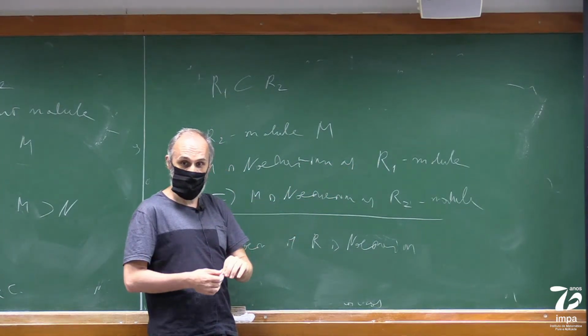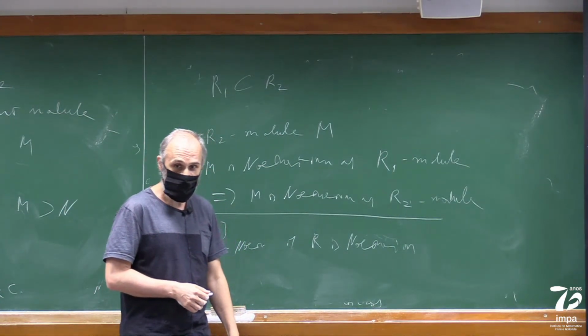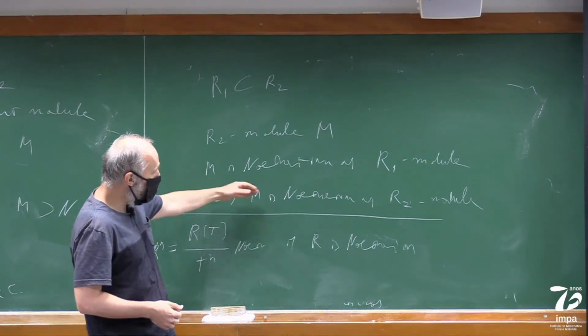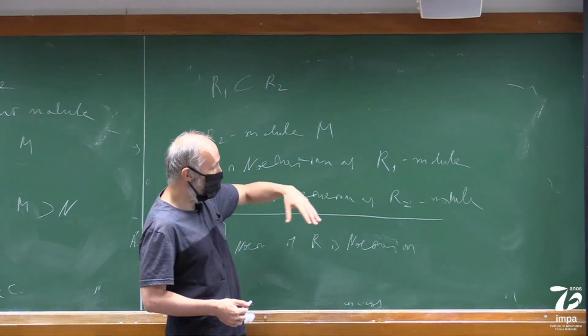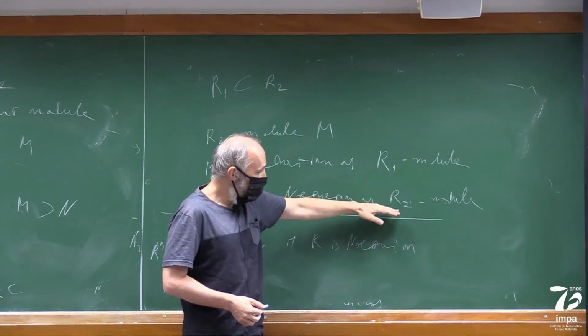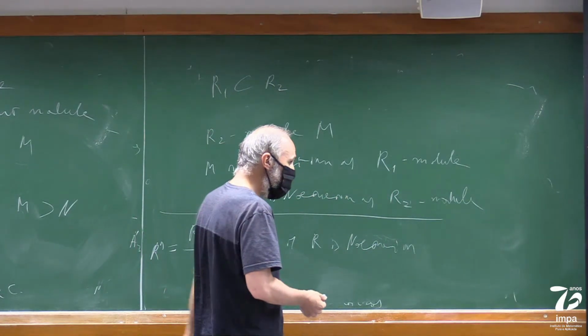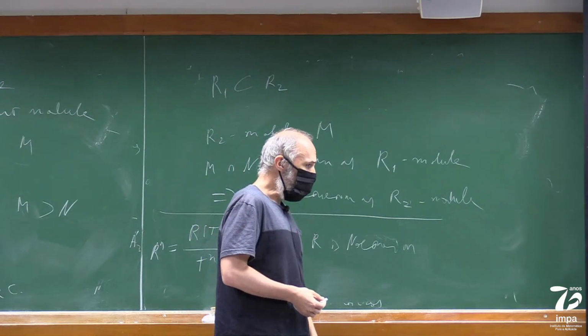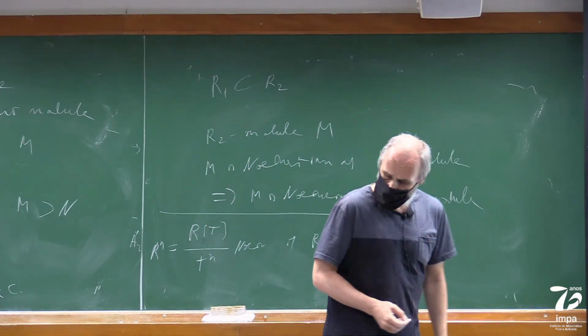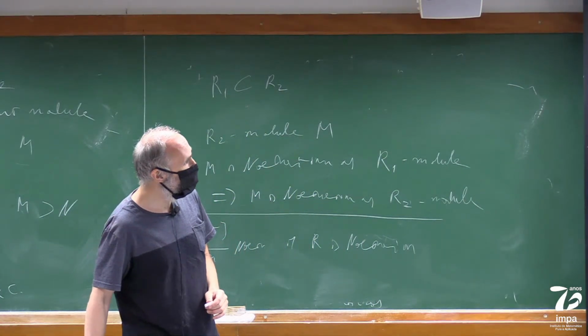This is why it will always stabilize. If it's Noetherian as an R1 module, it will stabilize as a sequence of modules over R1, but then over R2 it will also stabilize. Okay. Now I'm going to start the proof. It's almost done, in fact.